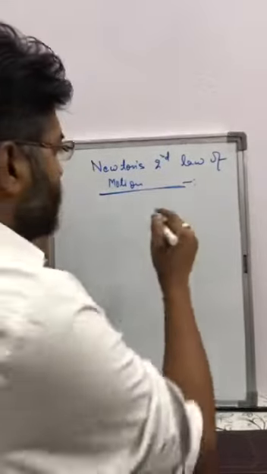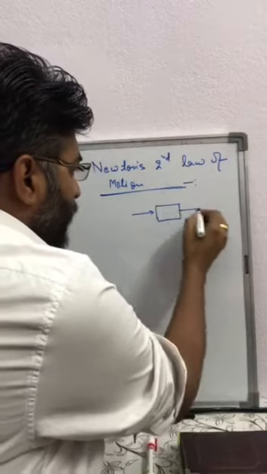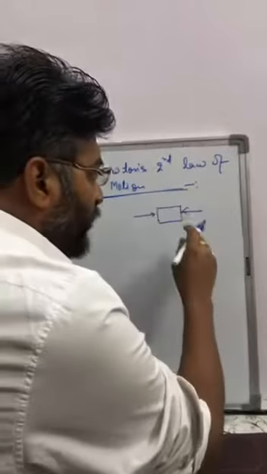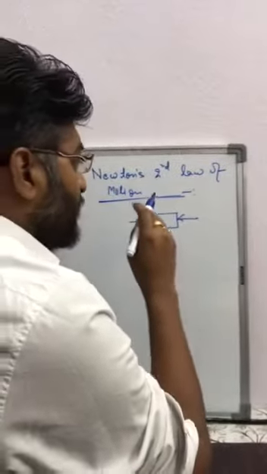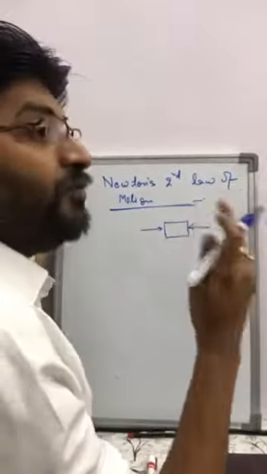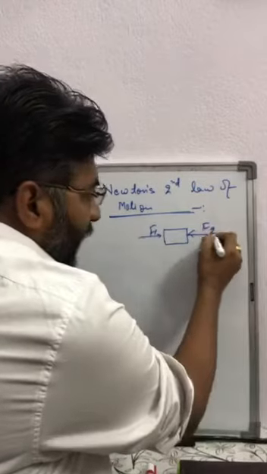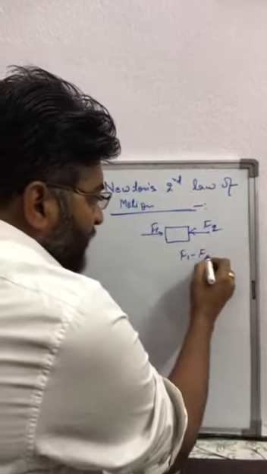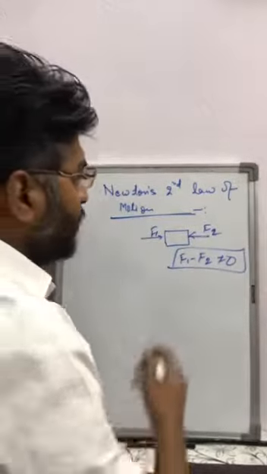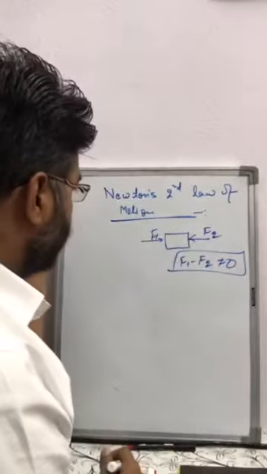Unbalanced force means if we have a body and apply two forces, F1 and F2, and the body is moving with non-uniform speed, that means F1 minus F2 is not equal to 0, then we can say the body is under unbalanced force conditions.